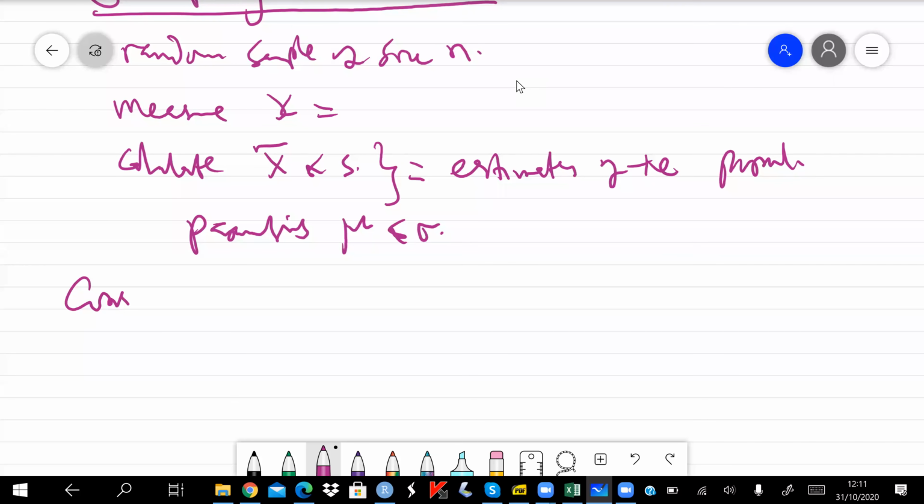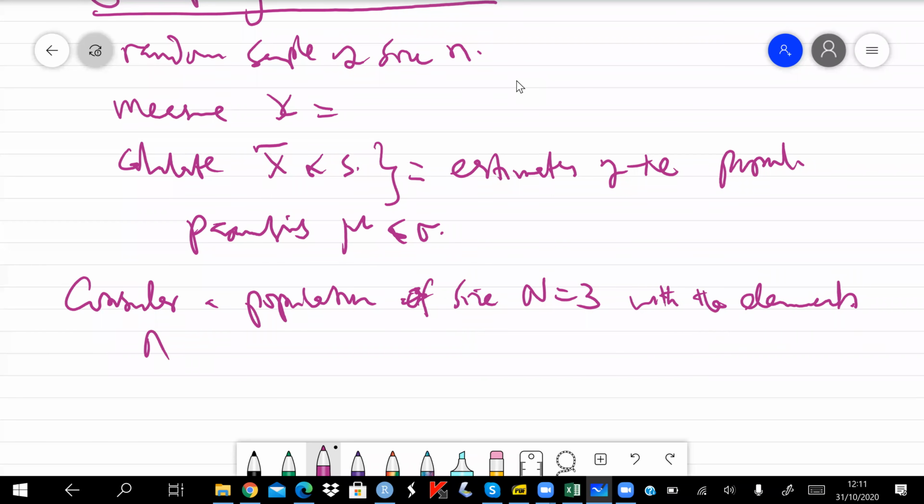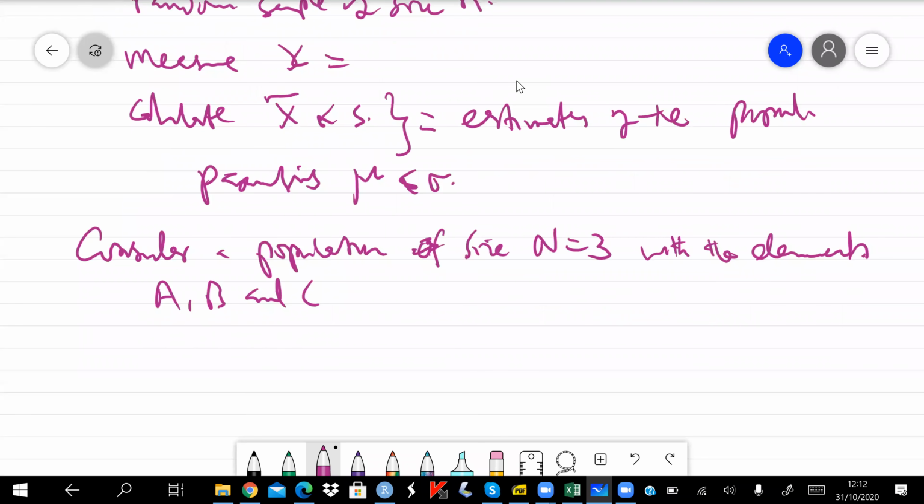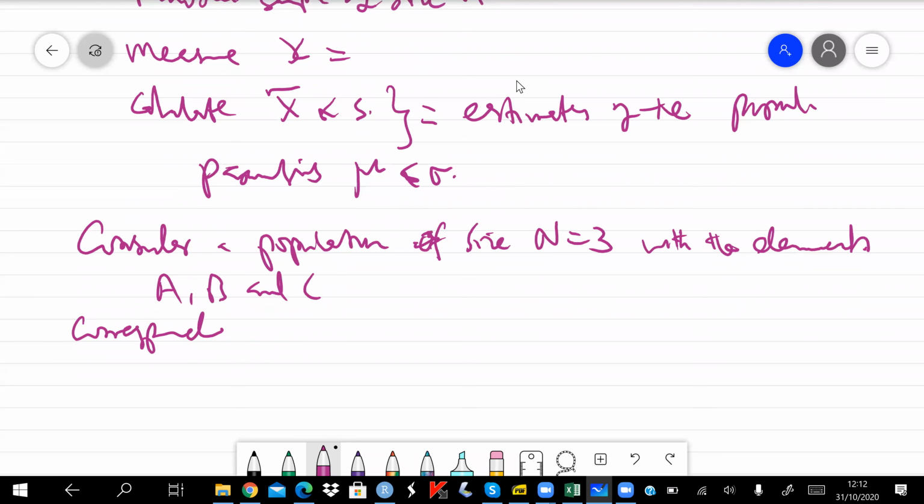Consider a population of size N equal to 3, with the elements, the members of that population, A, B, and C. And the corresponding measurements of A, B, and C are 1, 2, and 3.